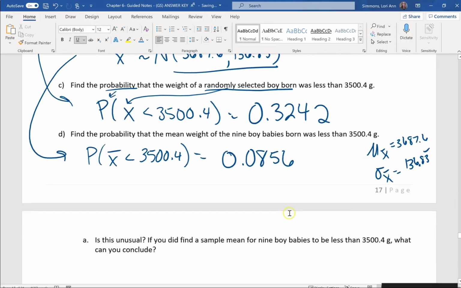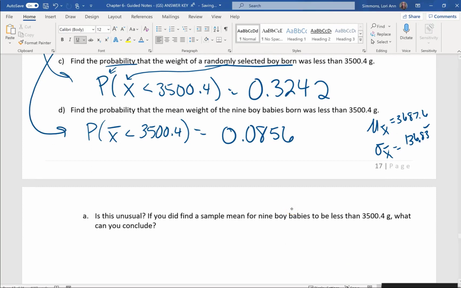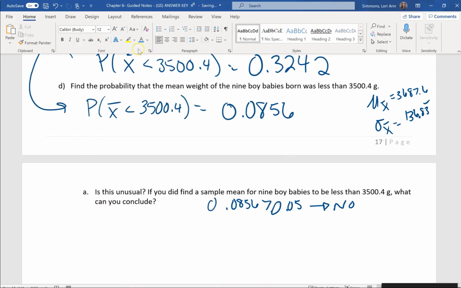Is this unusual? Well, 0.0856 is larger than 0.05, so no. It is not unusual. Let's write this out though. This is not unusual.